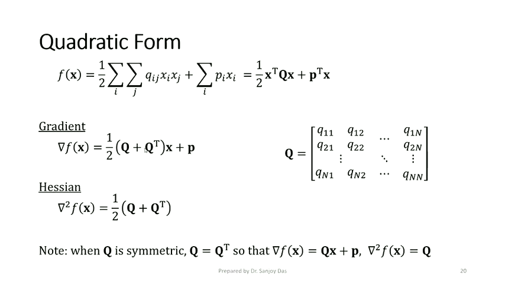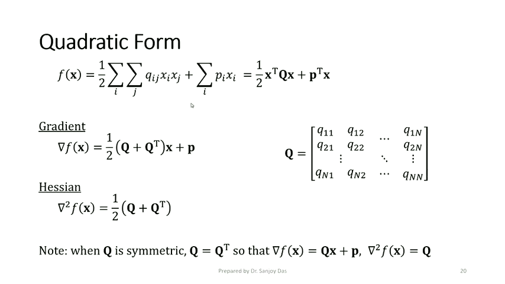Q transpose equals Q. So the gradient reduces to half of q plus q, which is q, right? So qx plus p, this is the gradient. And the Hessian becomes q. Always remember this, okay? If you're given a quadratic expression like this, then the first derivative is this, and the second derivative is this.